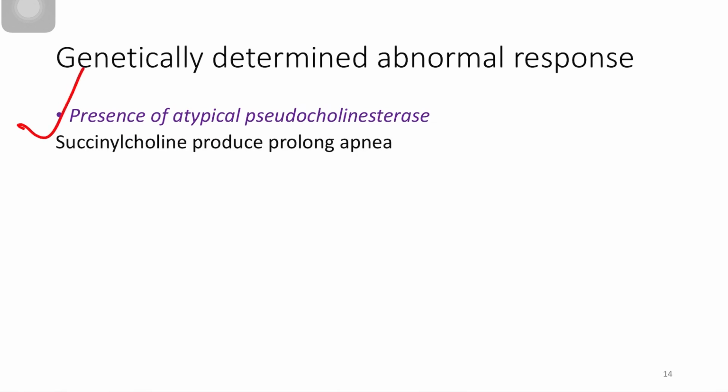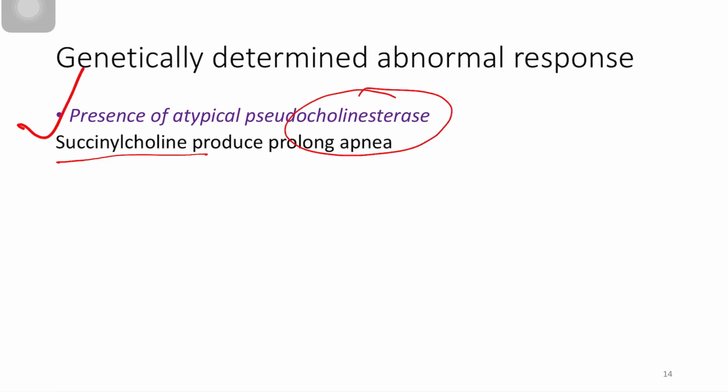We have already discussed that in normal patients, succinylcholine is a drug we use for muscle relaxant action, and this succinylcholine is a very quick acting drug, and its action is terminated by metabolism by an enzyme called cholinesterase. So after some time the action of succinylcholine gets terminated, and the patient again maintains normal breathing.